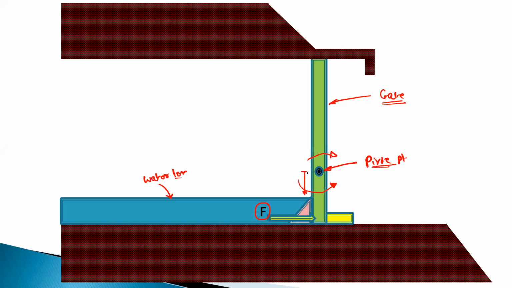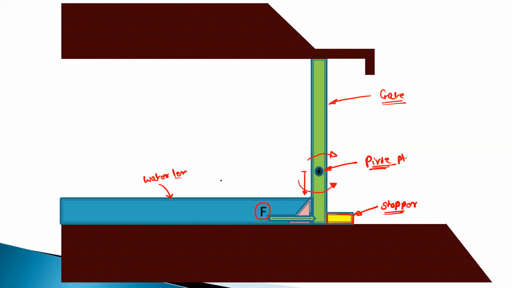So this gate will try to rotate in the anti-clockwise direction about the pivot point. But this anti-clockwise rotation is restricted by this stopper. So this is the stopper. So that gate will not rotate and this water cannot flow to the downstream side.